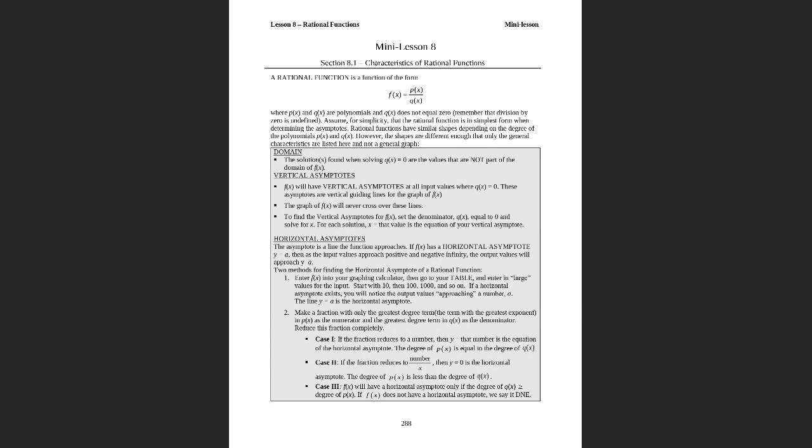Now, what about the asymptotes? We have vertical and horizontal asymptotes. What is an asymptote?